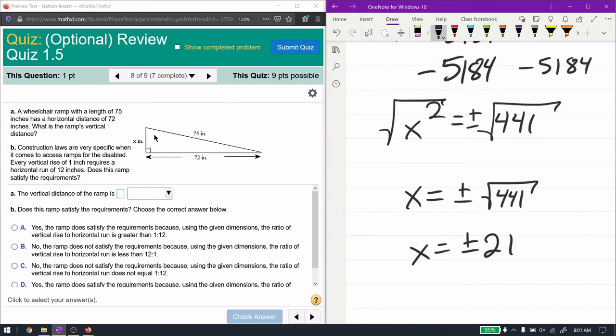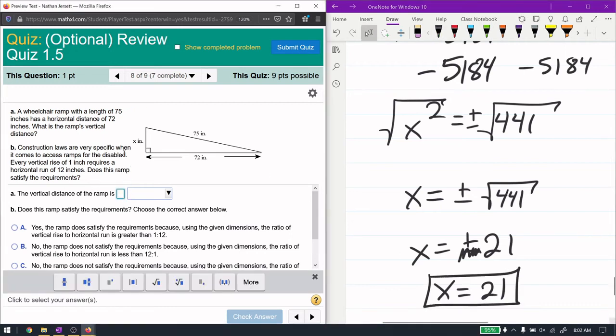And distances in general can never be negative. So we can throw out the negative solution, and we can immediately say x equals 21, because it cannot equal negative 21, as that doesn't make any sense for a real world scenario. It's going to be in inches, because that's the unit that it says there.